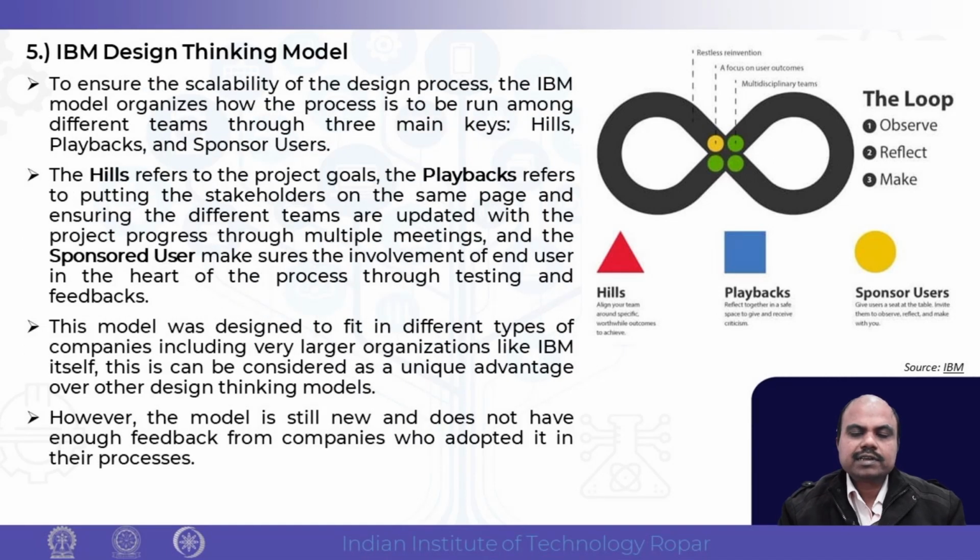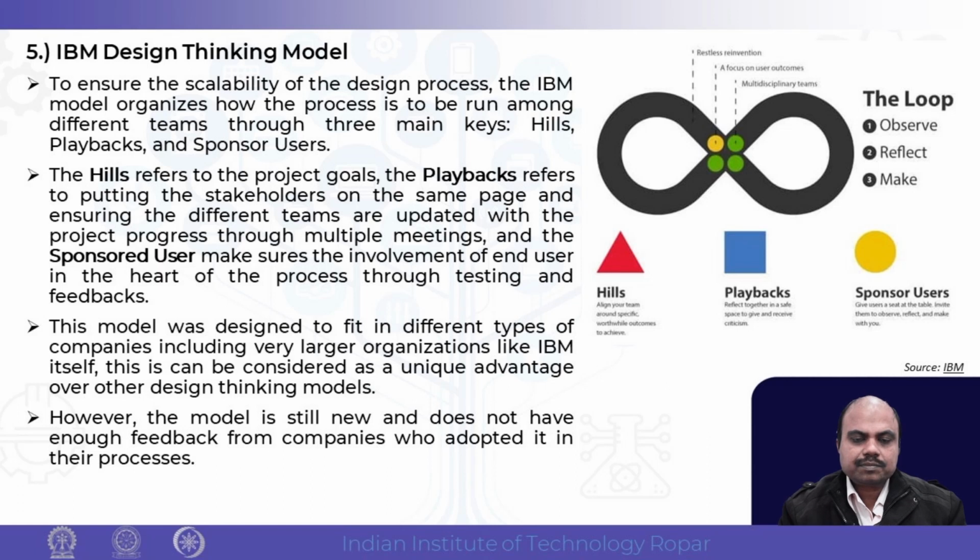To ensure the scalability of the design process, the IBM model organizes how the process is to run among different teams through three main keys. One is hills, second one is playbacks, and third one is sponsor users.